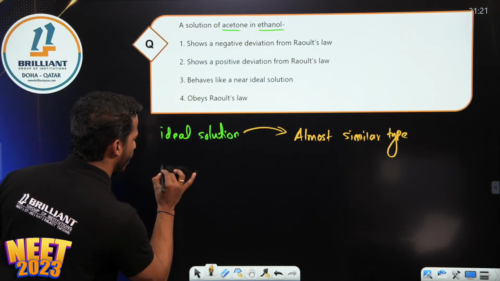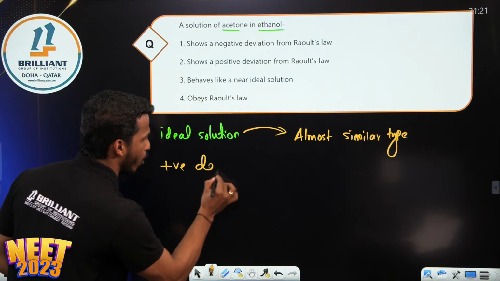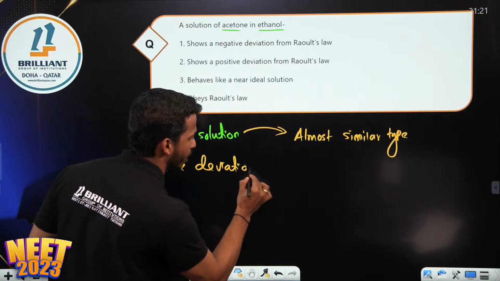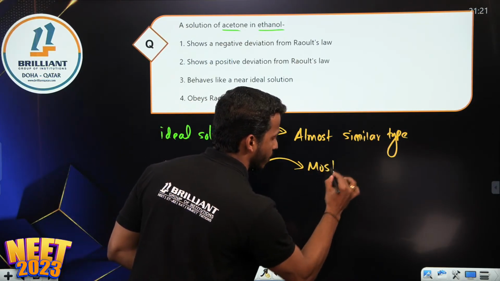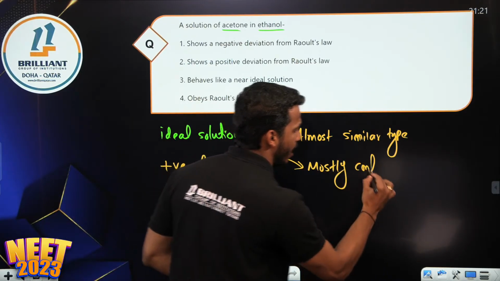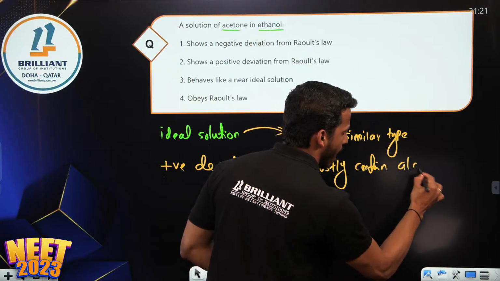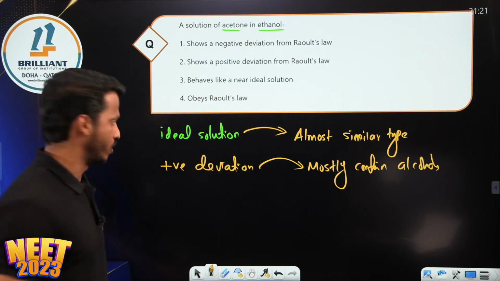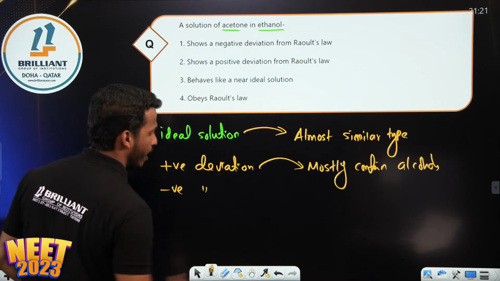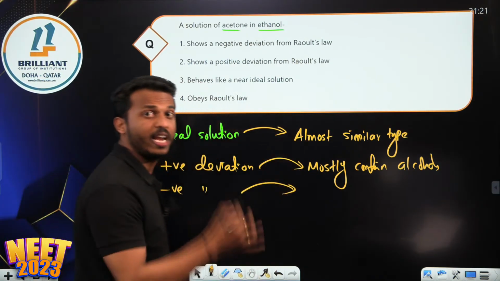What about positive deviation? Positive deviation solutions mostly contain alcohols. What about negative deviation? Negative deviation mostly contain acids.